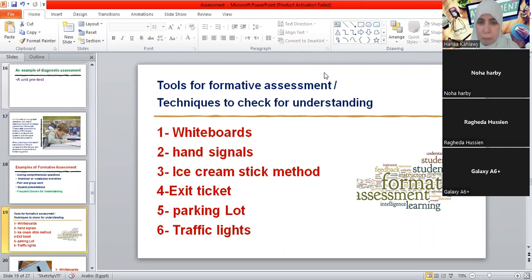Okay, Safa, can you explain how you can use whiteboards? Okay, I can't identify who was speaking. Let's check the chat box. Ice cream stick, Miss Noha. Okay, can you explain for us, Miss Noha, how you can use the ice cream stick?